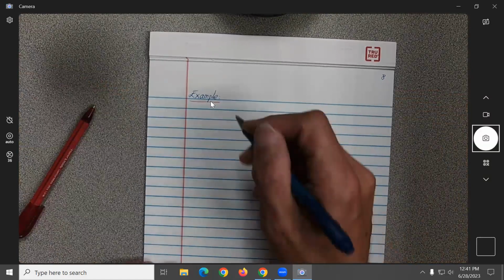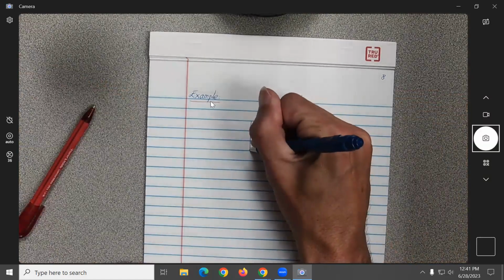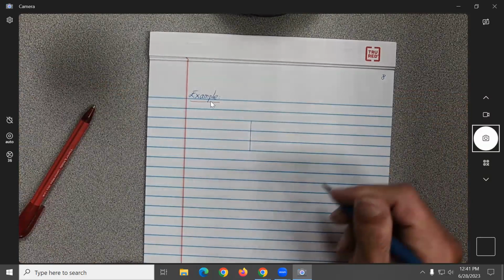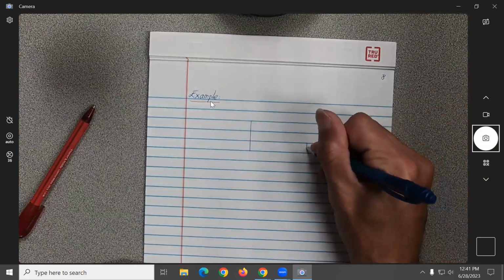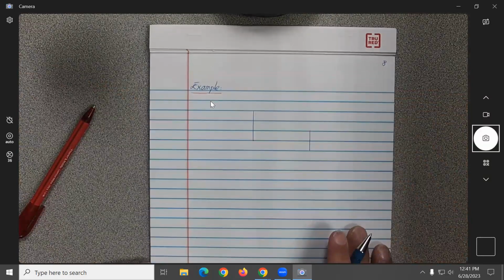Let's say I'm going to do here the figure of a non-rectangular panel. So 1, 2, 3. Here I put 2.